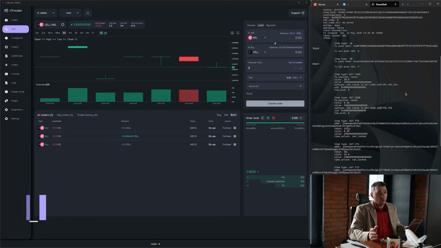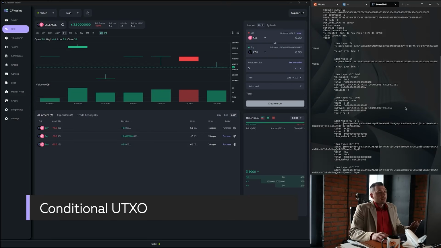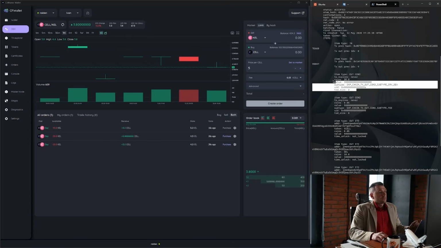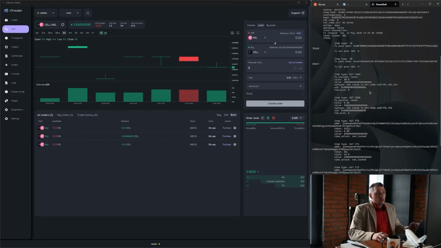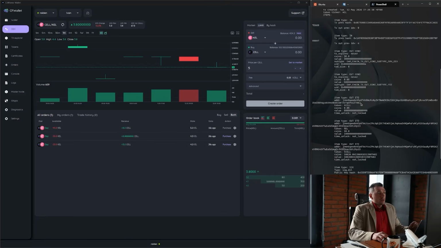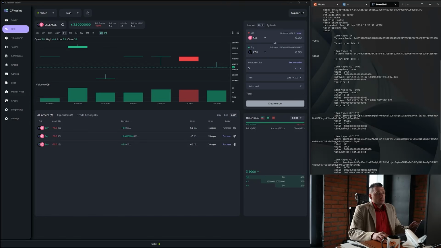So what makes this transaction special? Well, it contains a so-called conditional output item. This is a native Cellframe concept and one of the central features of our UTXO model implementation. A conditional output locks value under explicit rules. This value is not assigned to a regular wallet address, as in the case of standard output.